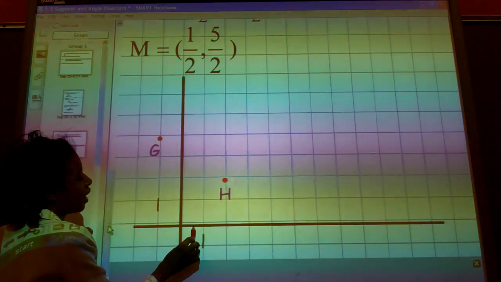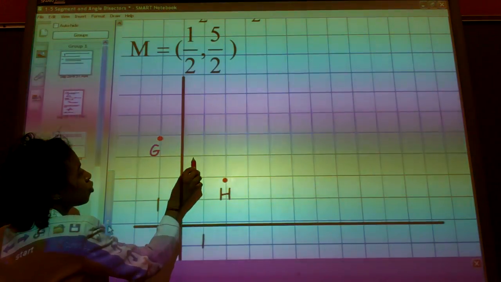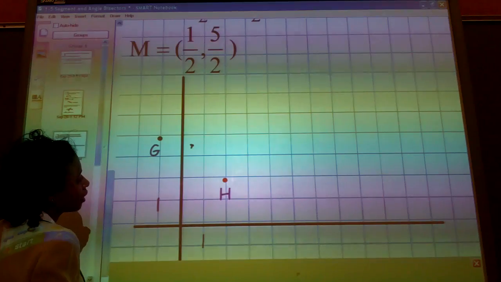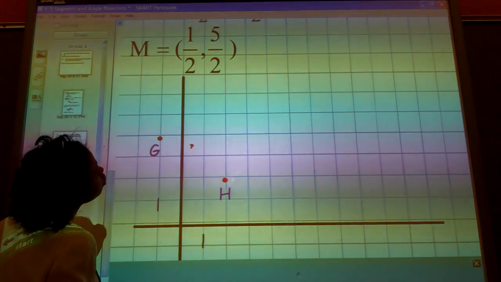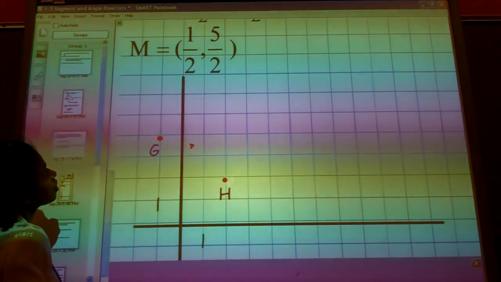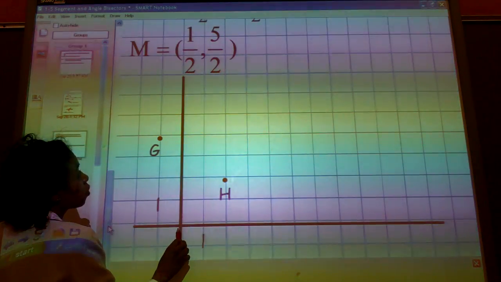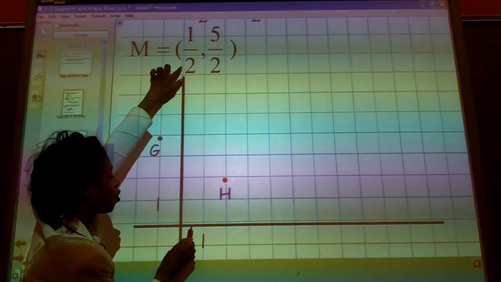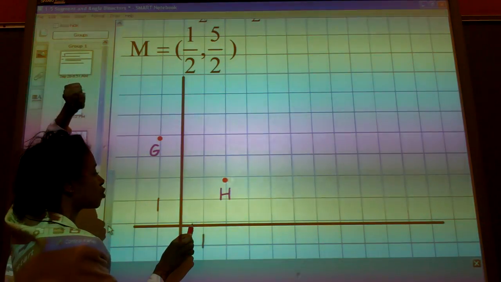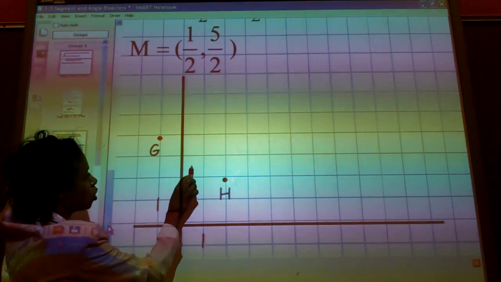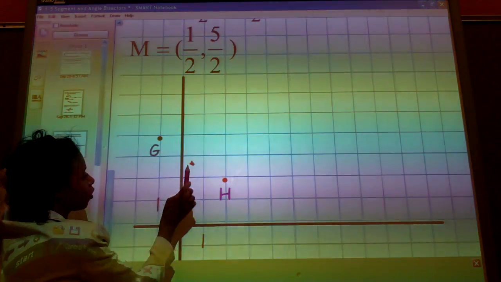We have 2 and 1/2. Oh, sorry, it should be 2.5, not 3.5. Excuse me. So we have the X, let me back up, the X at 1/2, and the 5 over 2 should be 2 and 1/2 as a mixed number. 1, 2, and the half should be about here.